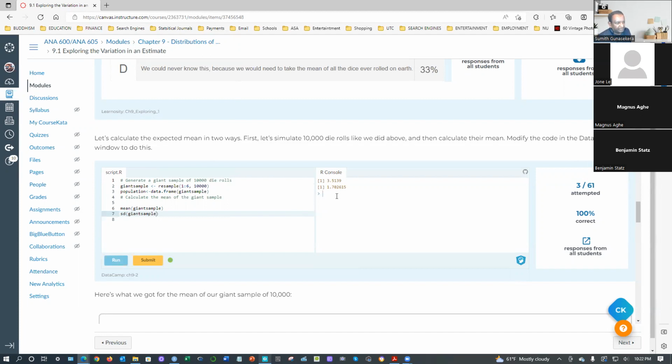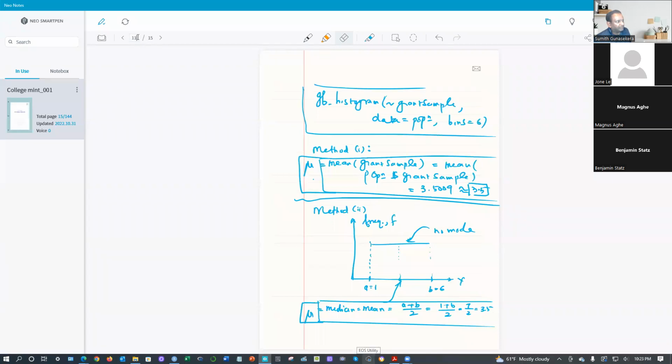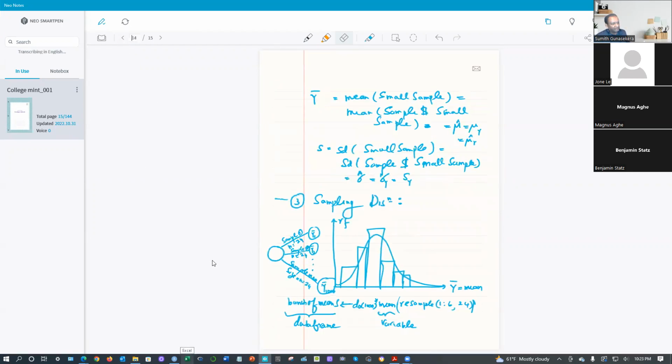Okay, 1.7. Standard deviation 1.7. Each one has 24, no? Each sample is 24 in this one, no? Sample size. Yeah, 24.